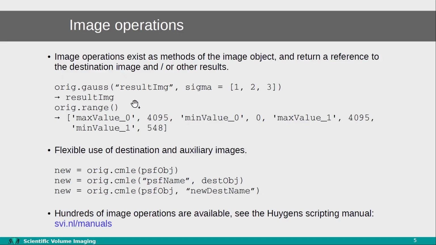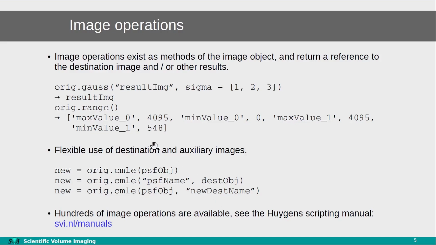So that will be the general structure of image operations, and it's useful to remember that you can always press tab to see what operations are available and what options are available. There are a lot of operations which either require some auxiliary images or which may have a destination, and you can specify these auxiliary images and destinations in several different ways.